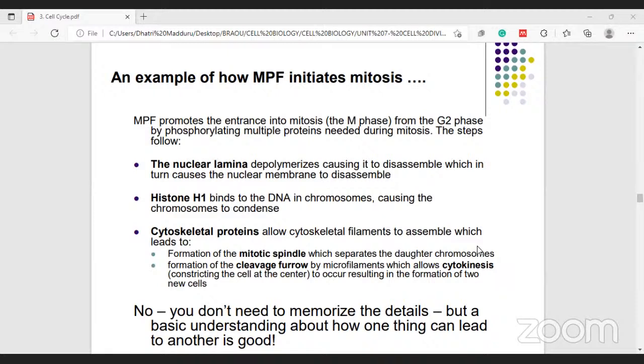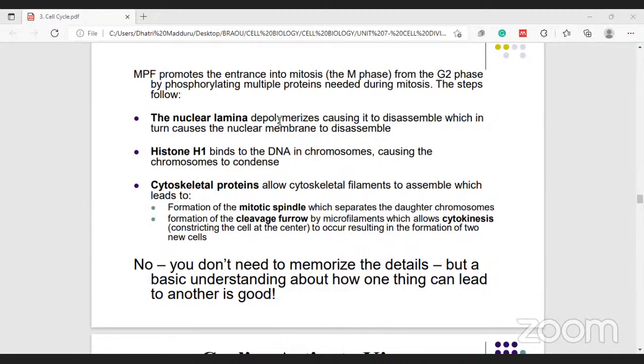This MPF promotes the entrance into mitosis from G2 phase by phosphorylating multiple proteins. The steps that it follows are: the nuclear lamina gets depolymerized, causing disassembly, which in turn causes the nuclear membrane to disassemble.